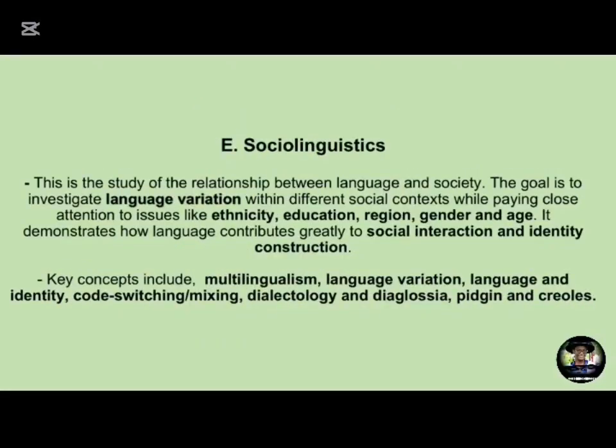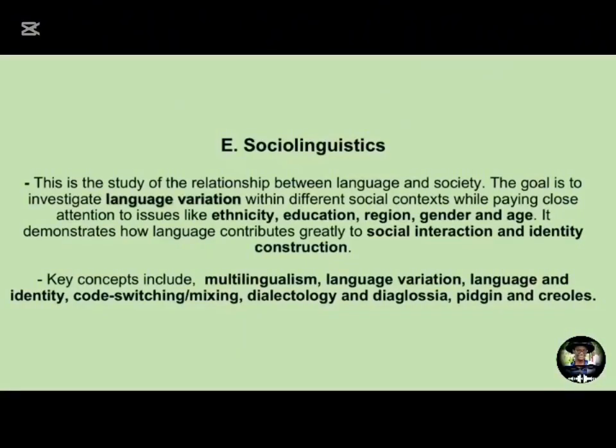Now, when it comes to sociolinguistics, we'll discover that it is the study of the relationship between language and society. The goal here is to investigate language variation within different social contexts while paying close attention to issues like ethnicity, education, region, gender, and age, amongst other aspects.